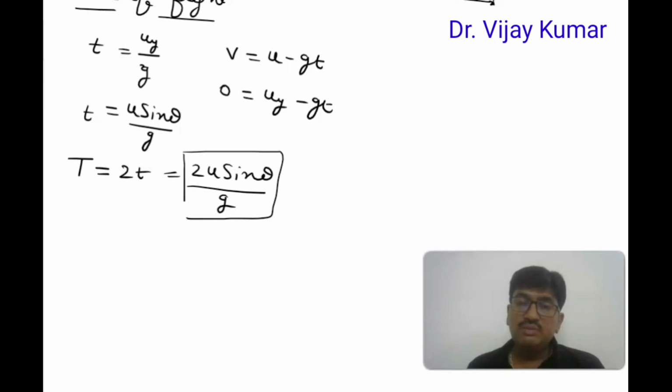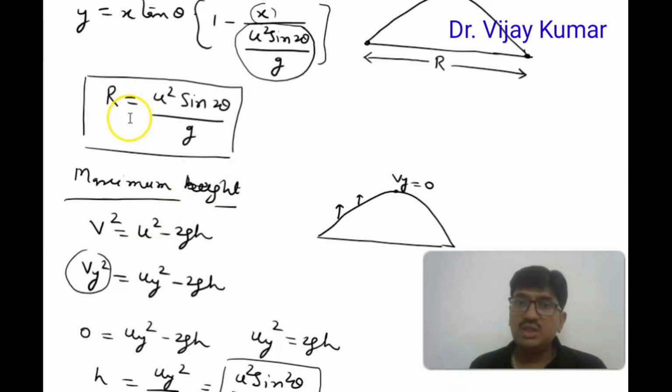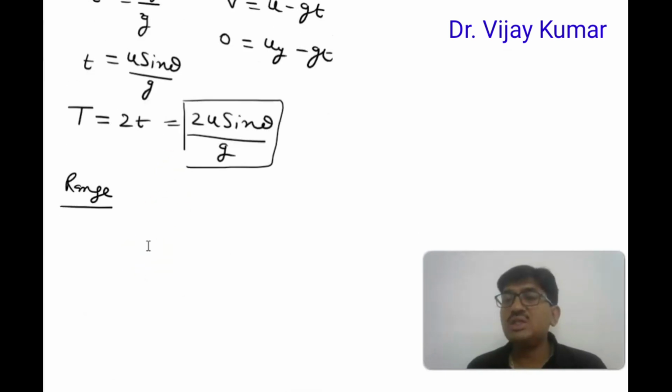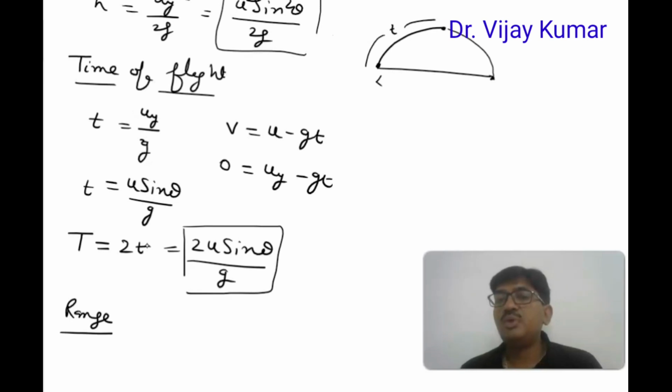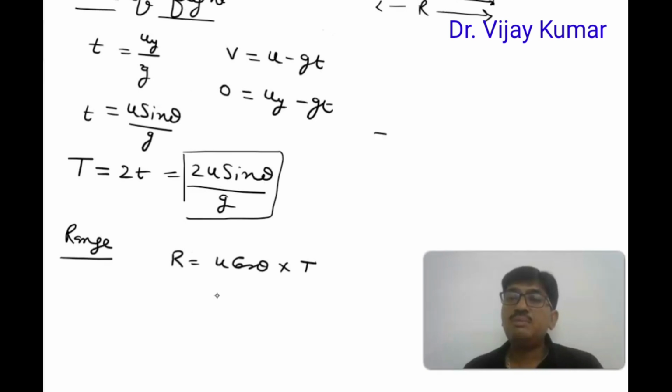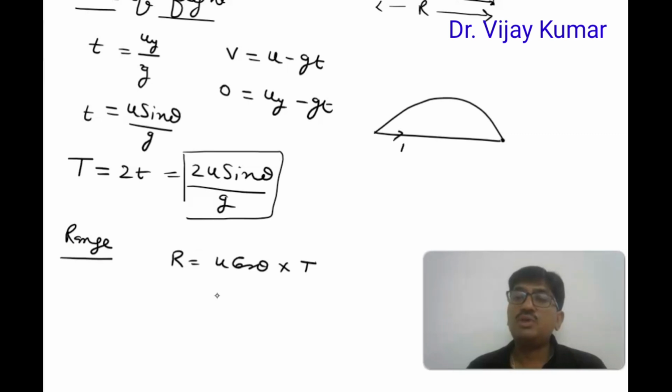Now we will calculate the range. Range is the horizontal distance covered by the projectile. Technically it is horizontal velocity into time of flight. The velocity in this direction is Ux, that is u cos theta.